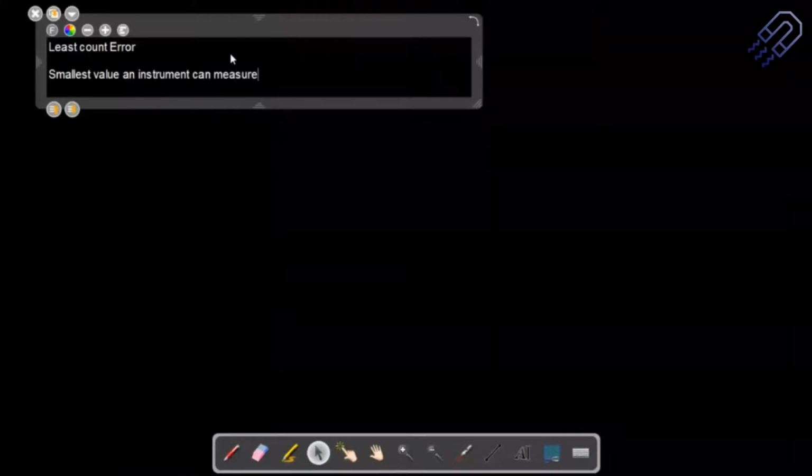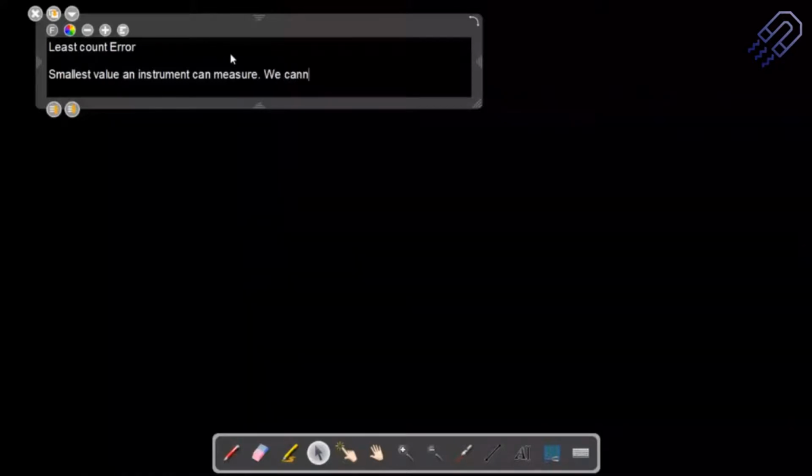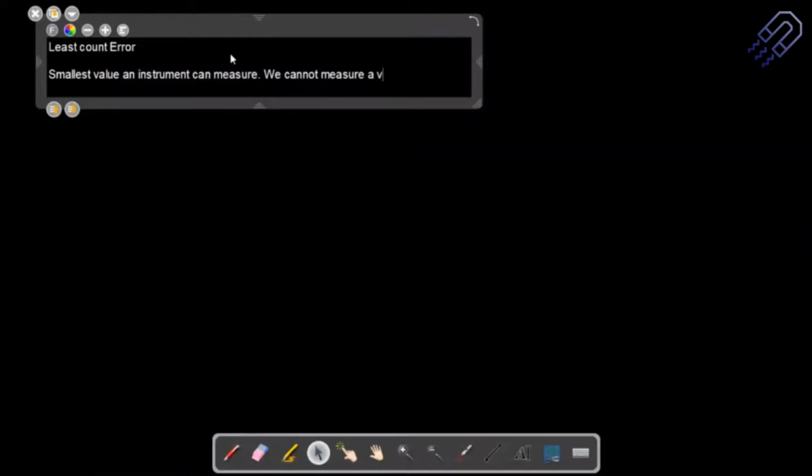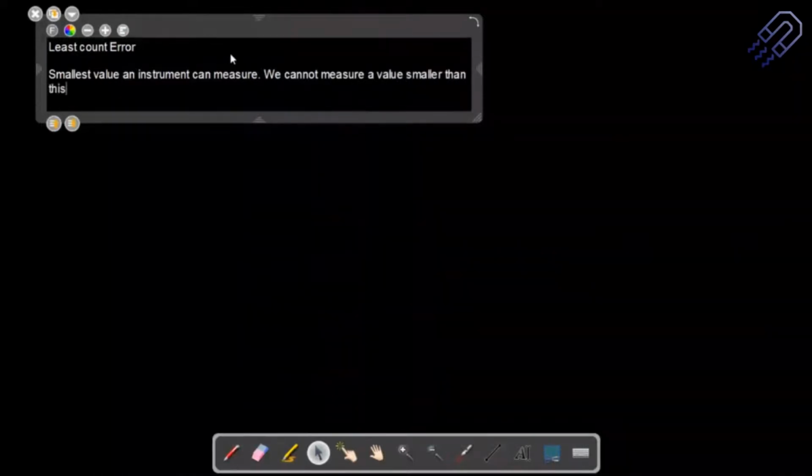If you have done your experiments during your undergraduation properly, you already know what the least count is. That's the minimum measure. We usually cannot measure a value smaller than this. That's the least count error that we call.